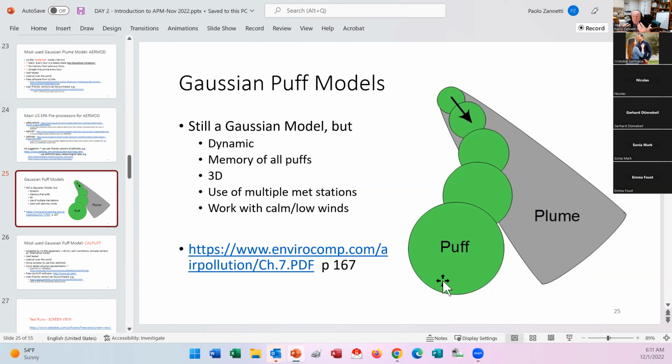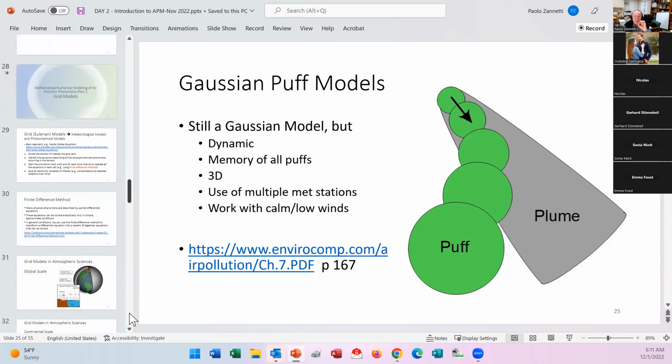Then the next development was later, when we said, we have powerful computers. Why can't we generate thousands, tens of thousands, 100,000 particles? We call them particles, but actually they are tracers. They are mathematical points that we use as tracers of the plume. So we generate thousands and thousands of particles, and we can follow the plume with a much better resolution.